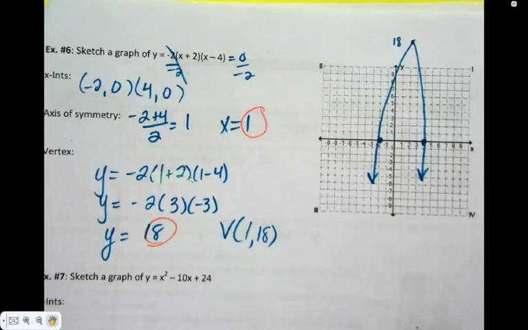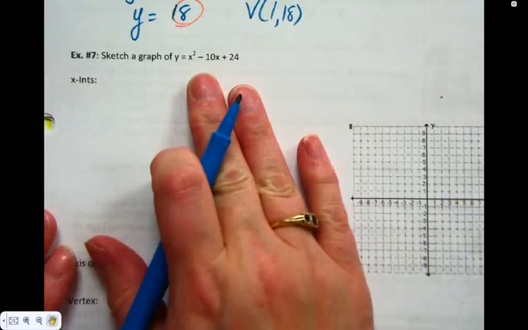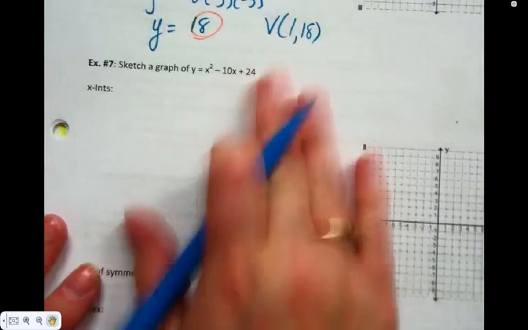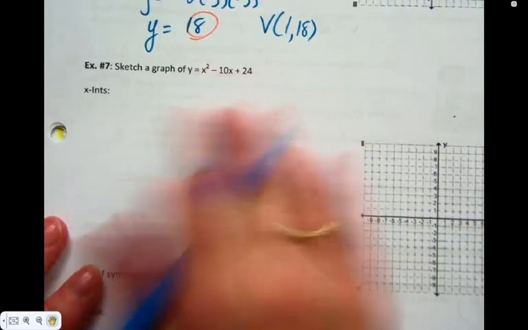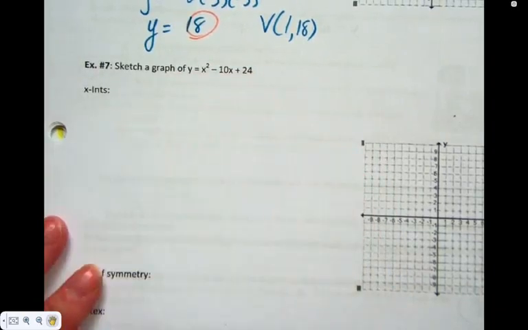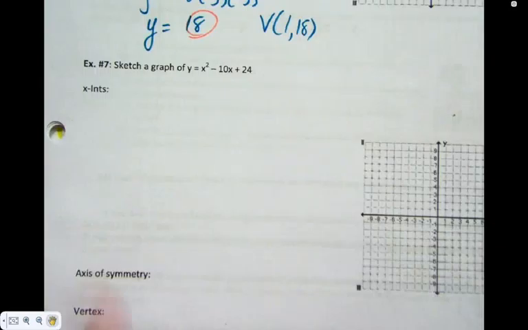Questions so far? Oh, look at this one. What's the problem? Standard form. How are we going to find the x-intercepts from standard form? Rhymes with actor.